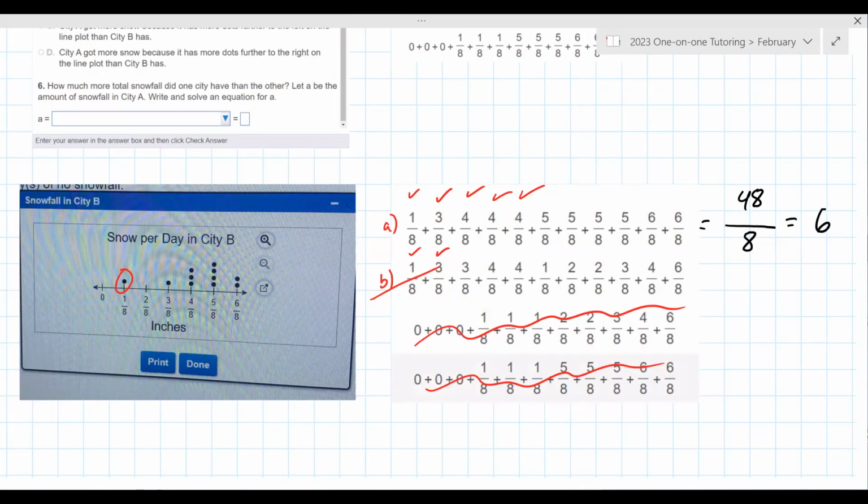All right, any questions on that? So it's 6. Yes, 48 divided by 8 is 6. And that's also what I got. Oh, it says it's good. All right, so go ahead and share your screen whenever you're ready, and we'll look at the next one together.